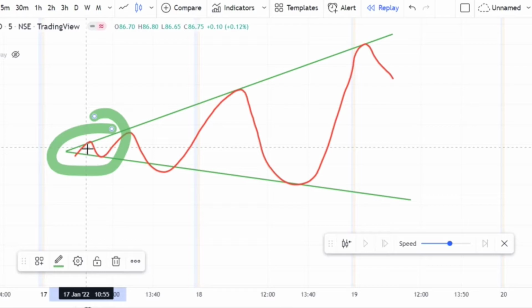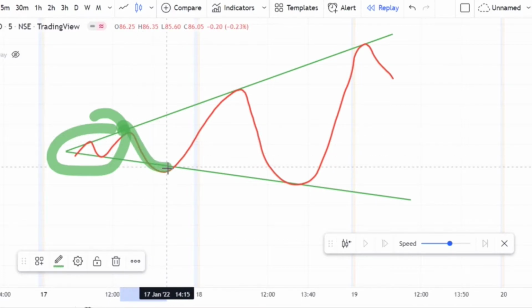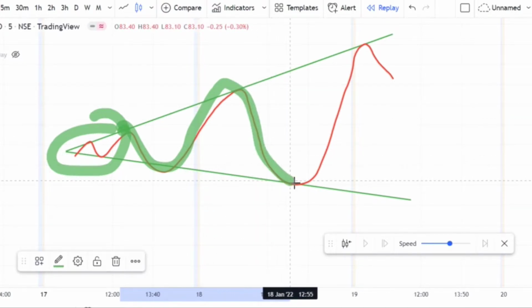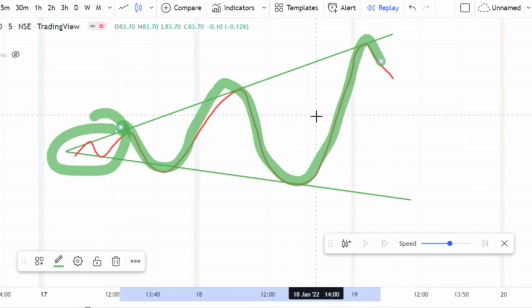As the price moves further, the sellers get an opportunity to move freely, and the buyers also get the opportunity to move freely, right? If you could see like this, right? So how do you enter in this kind of pattern?